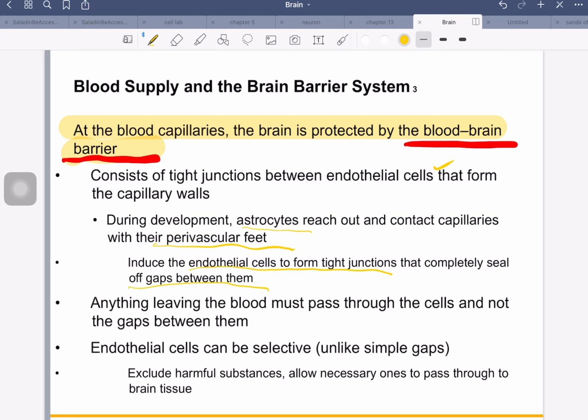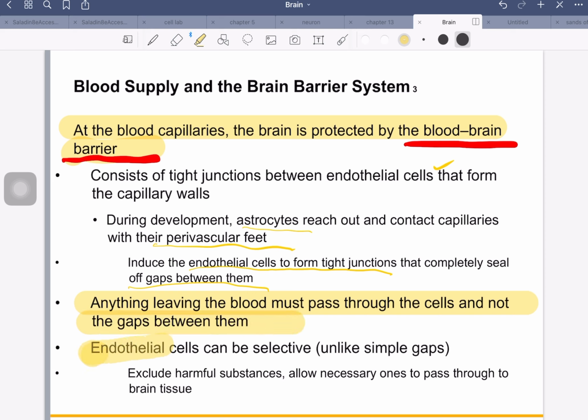So now anything that wants to leave the blood cannot squeeze between the endothelial cells that make up the wall of the capillary. The materials actually have to enter the cells, cross the cells, and leave them. So we're talking about transcytosis. It gives you much more control. Anything leaving the blood must basically pass through the cells and not the gaps between them.